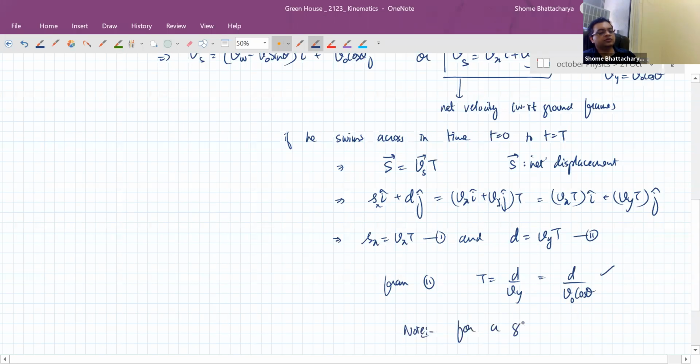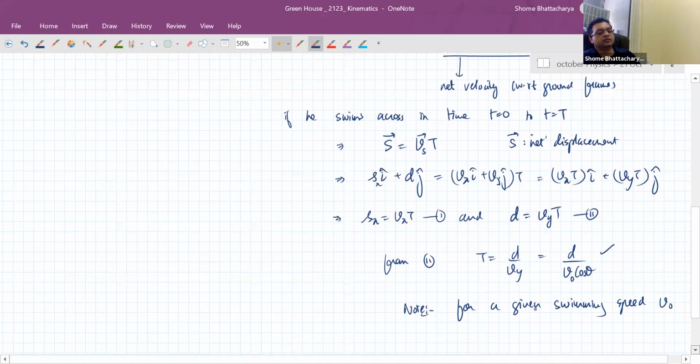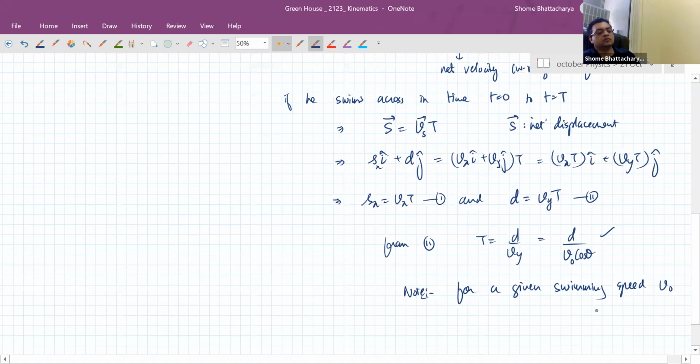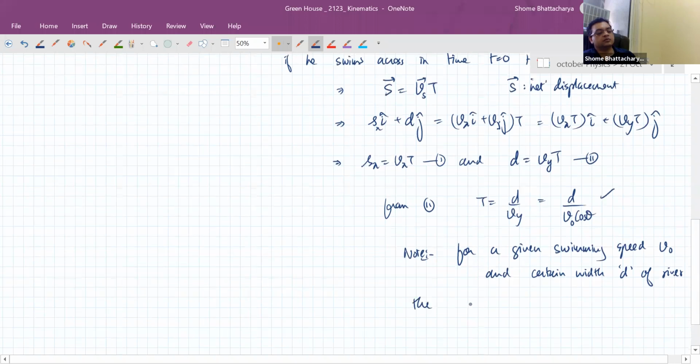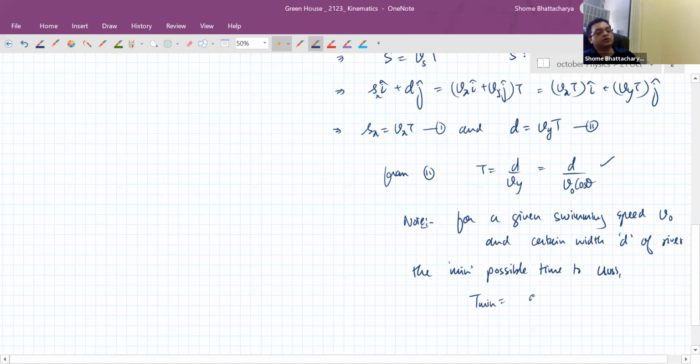Now you can see in this that for a given swimming speed V naught, that's a fixed quantity, and a river of a certain width d, the minimum possible time to cross the river, T minimum, will correspond to d by V naught into cos theta's maximum.